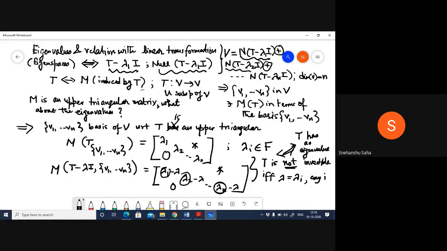Similarly, a very simple corollary of this is that if you replace the upper triangular matrix with a diagonal matrix, then it is even simpler, because these entries also go away. They are all 0, and the only non-zero entries you have are along the diagonal, right? And therefore, a basis such as this will be perfectly able to describe this.